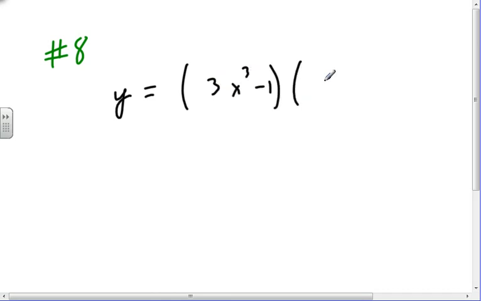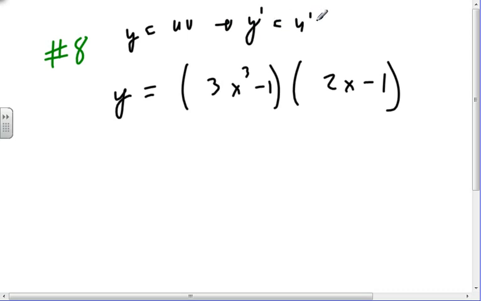Okay, we'll do number 8. We're just not going to do it in green. y is equal to 3x cubed minus 1, times 2x minus 1. So we're going to use y. If y is uv, then y prime is u prime v plus uv prime.